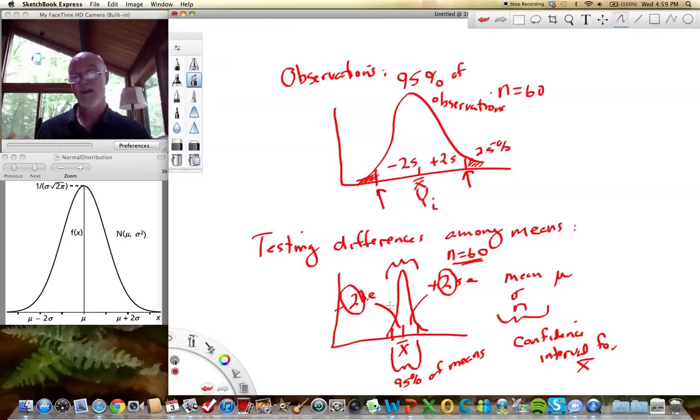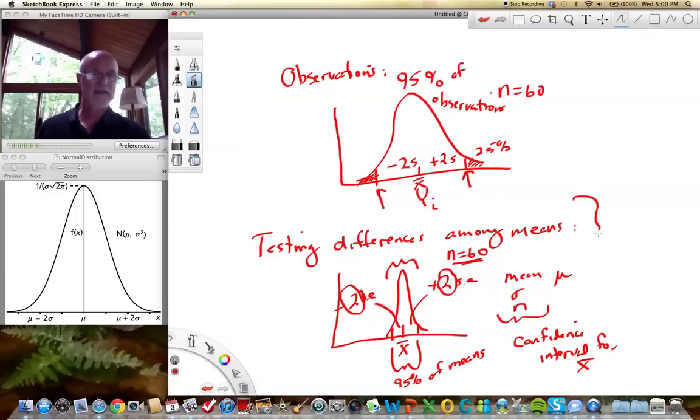It would be quite a bit bigger than 2 if we had a very small n, because we would have a very poor estimate of the mean, and we could get wildly different estimates based upon how big our sample size was. Or if we had a very huge sample size, we could get closer and closer to our estimate.